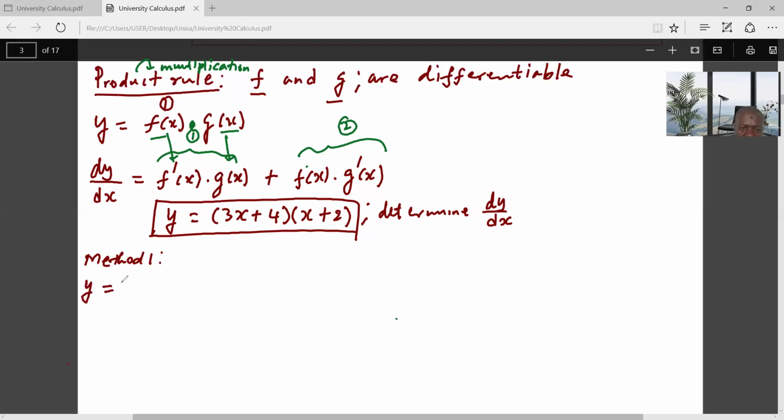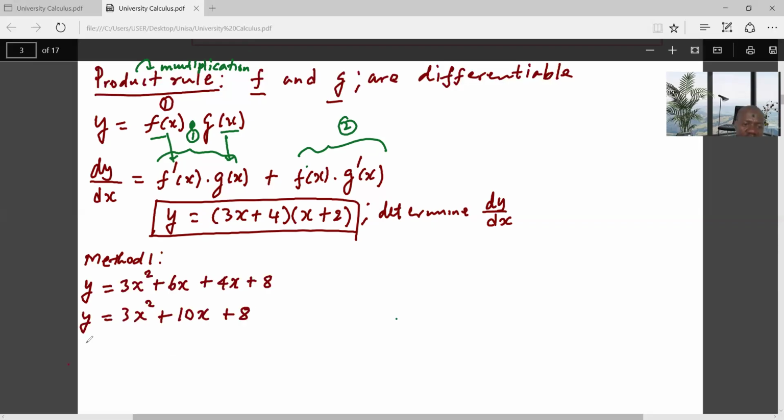This will be 3x squared plus 6x plus 4x, then plus 8. Then we simplify this: y equals 3x squared plus 10x plus 8.